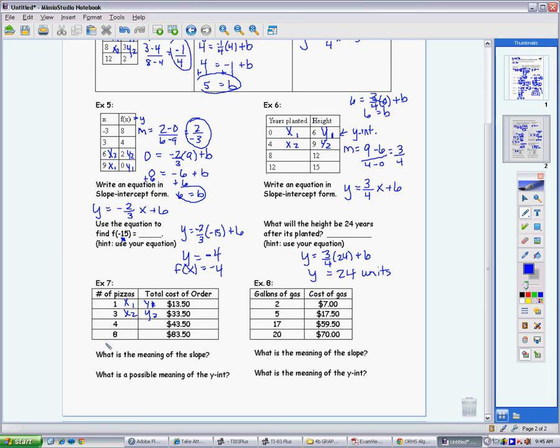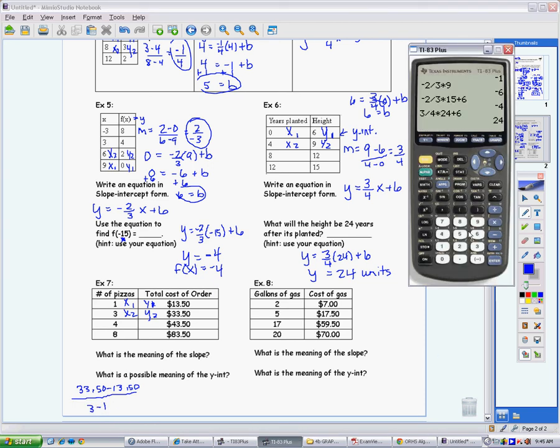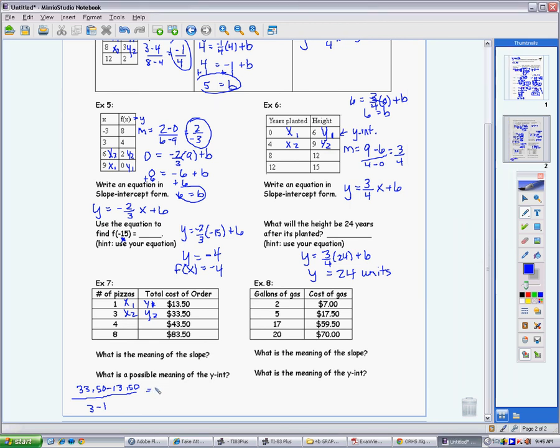So I'm going to find some room, and I'm going to calculate 3350 minus 1350 over 3 minus 1. And I'm just going to go ahead and use my calculator. 3350 minus 1350 is 2000. So I get 2000 over 2, which gives me 1000. So that means it costs $10 per pizza.